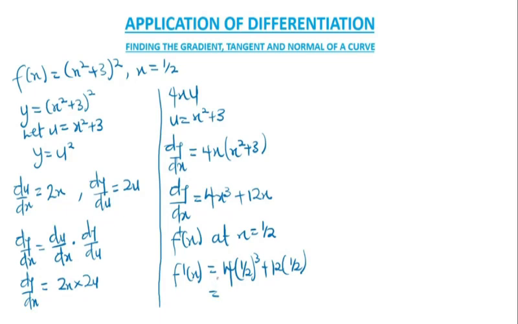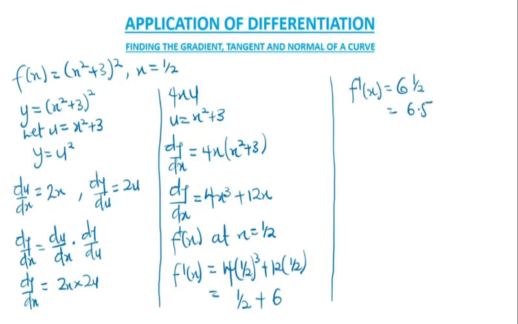Okay, so if we do everything over here, we are going to get half plus 6. So it means our answer for the gradient, for this particular example, is 6.5, or dy dx is 6.5.